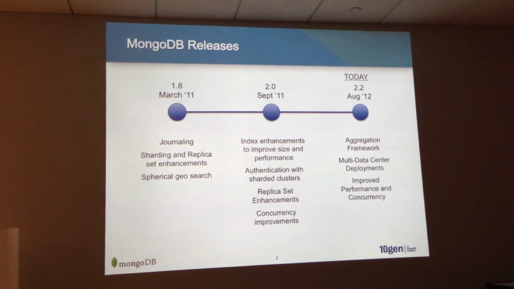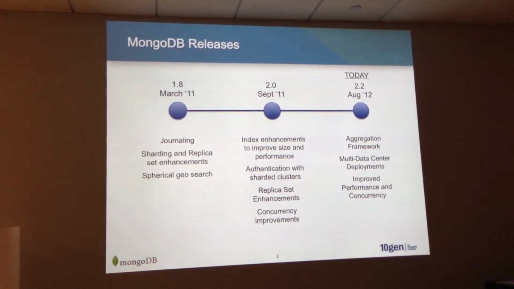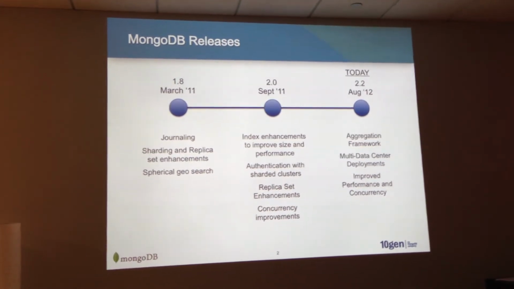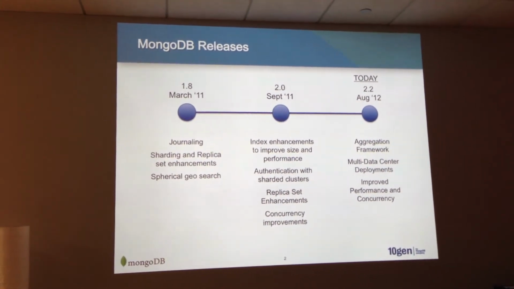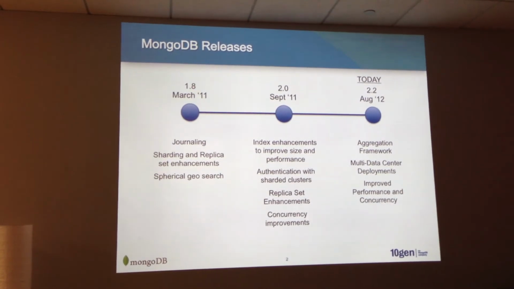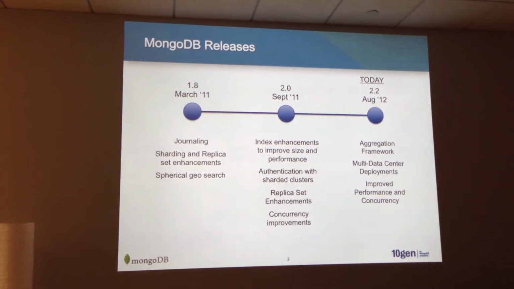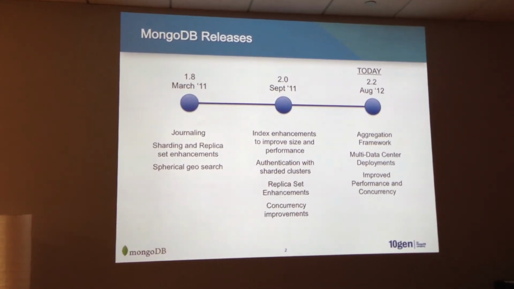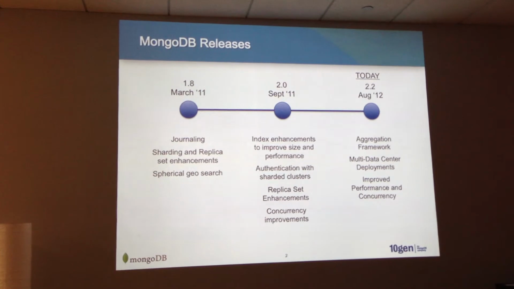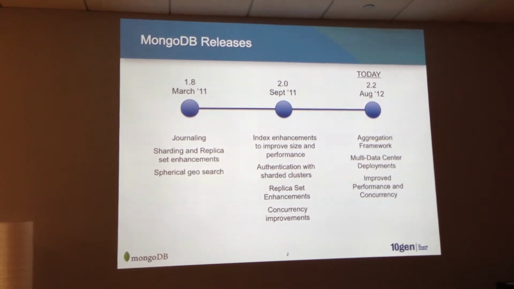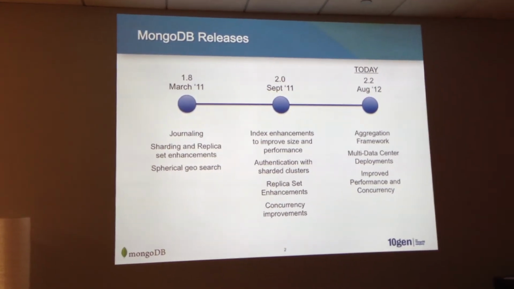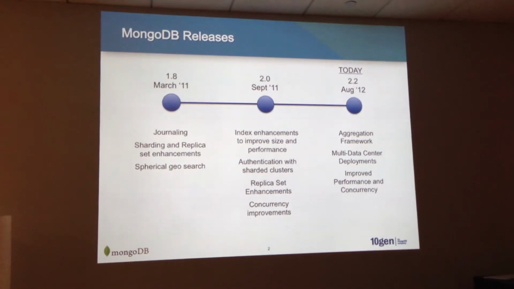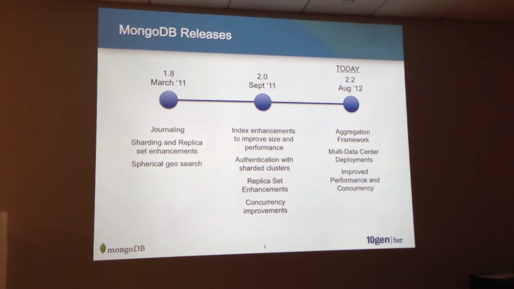The reason is if you run the journal on the ephemeral drives of the server, and then let's say Amazon goes down, and you lose the ephemeral drives that contain the journal, that's the problem, because then you have no idea if your data is correct or not, and the journal is gone. So the journal is as important as the rest of the data, and typically you want to make sure that you can keep both. If one of the two is missing, you cannot recover the data. So that's just one point.